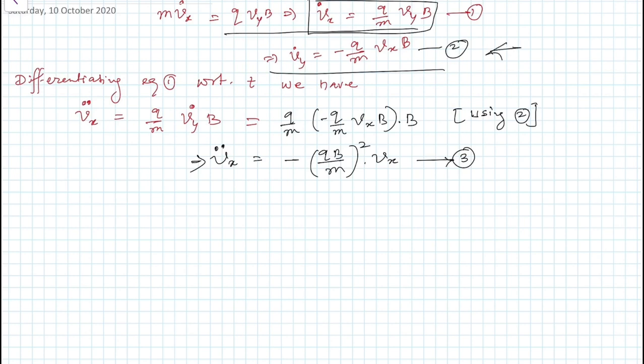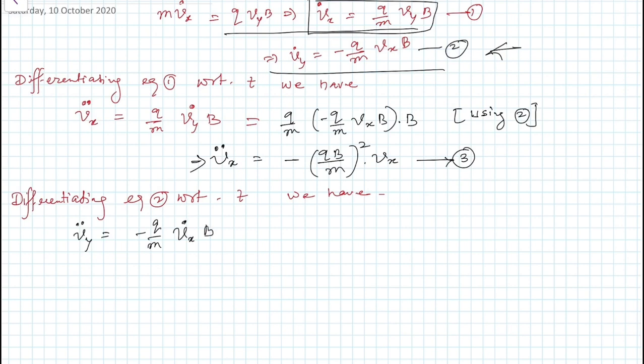Now again, differentiating equation number 2 with respect to time t, we will get vy double dot is equal to minus q by m vx dot B. Now you can replace the vx dot by the right hand side of equation number 1.